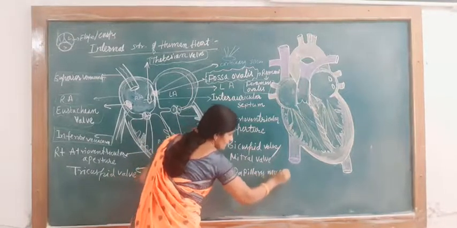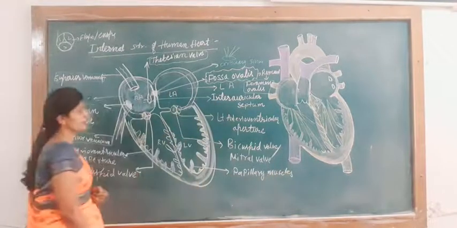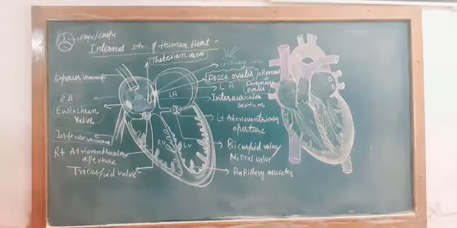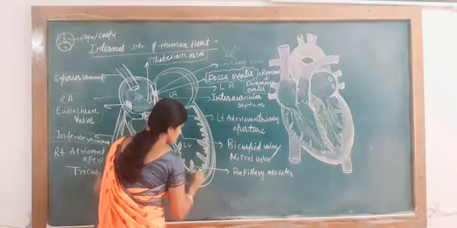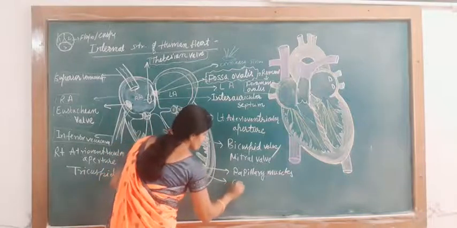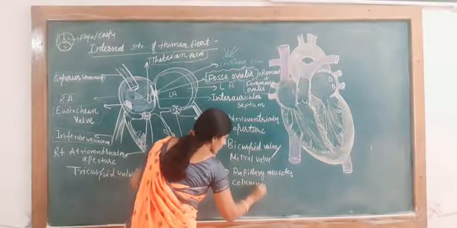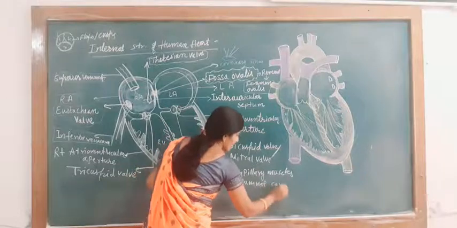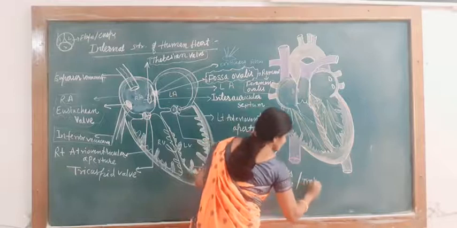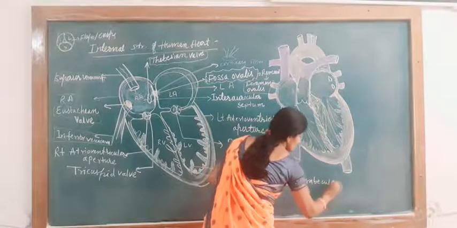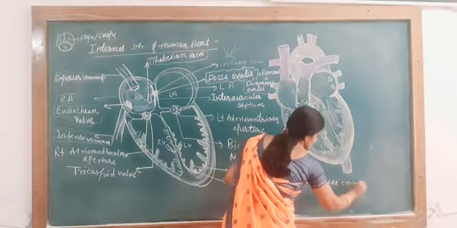Papillary muscles. And the smaller ridges are called columnae carneae, or trabeculae carneae.